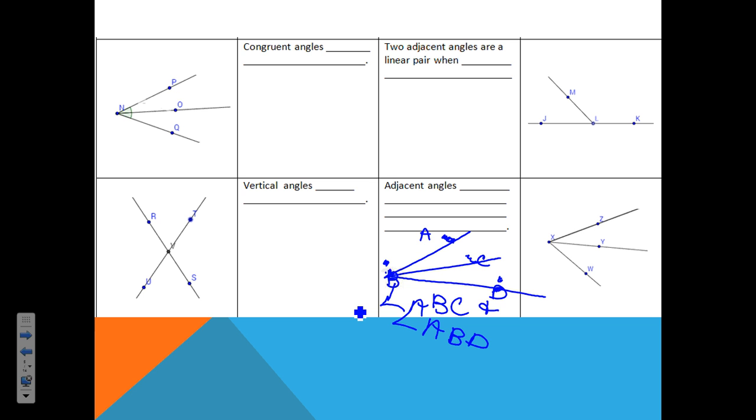Now that we know what adjacent angles are, two adjacent angles are a linear pair when their non-common sides are opposite rays.